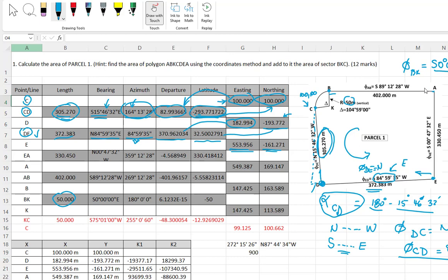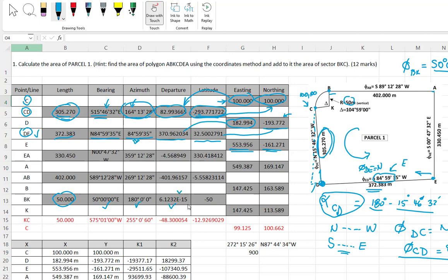So it is a 0 southeast, and then, as we can see here, this is in the second or third quadrant, so we add to it 180, and this is the azimuth of the line BK.